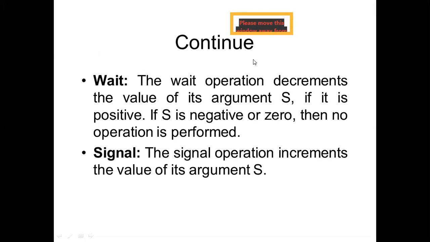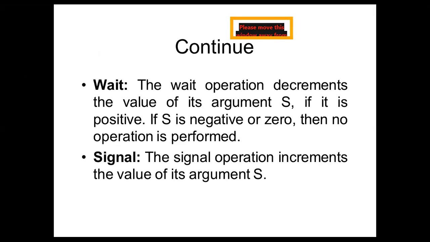Now the signal operation increments the value of its argument S. What is S? S is just the indicator we are using for the semaphore. So the signal operation indicates an increment in the value of the argument.